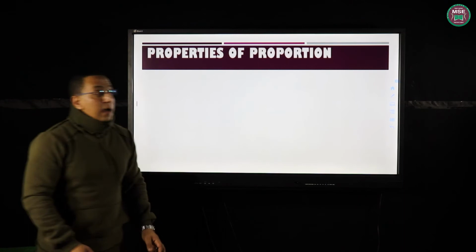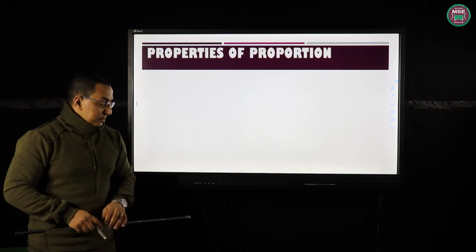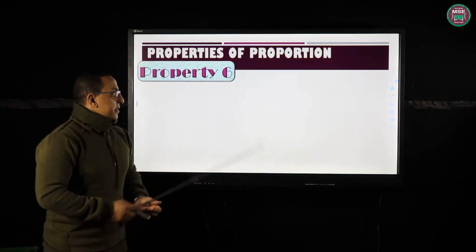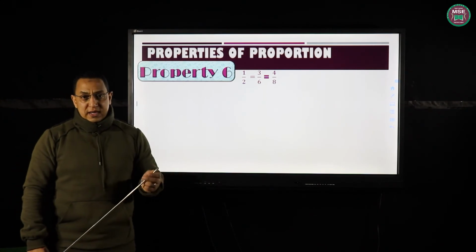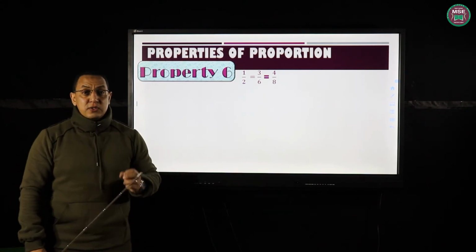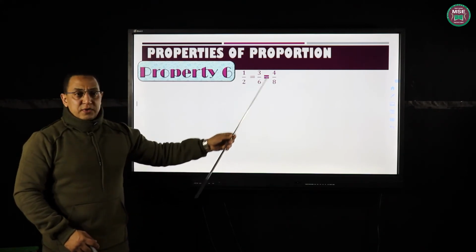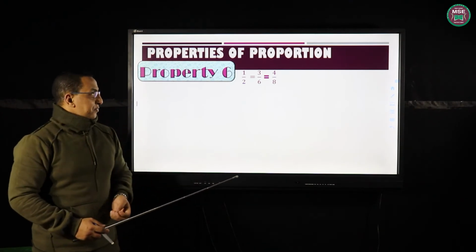Okay, now I'm going to explain property number 6. If we have three ratios like this: 1 over 2, 3 over 6, 4 over 8. By looking carefully, the three ratios are equal. 1 over 2, 3 over 6, 4 over 8, all of them equal a half.